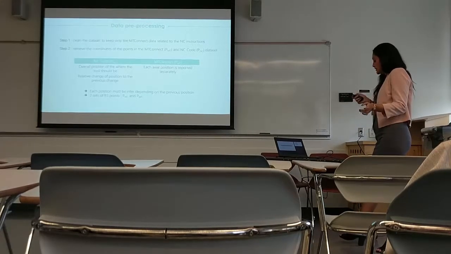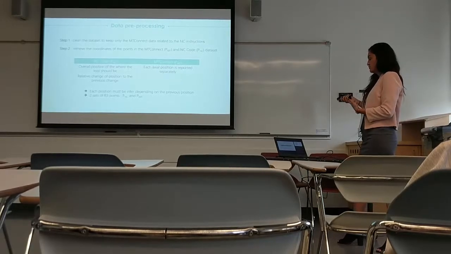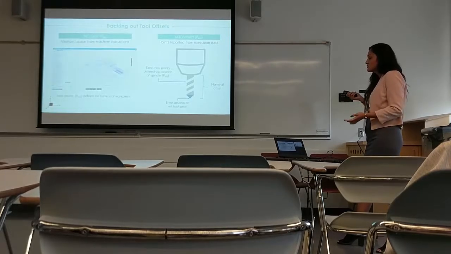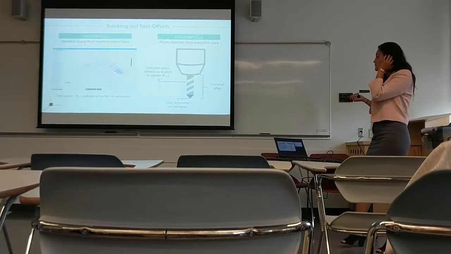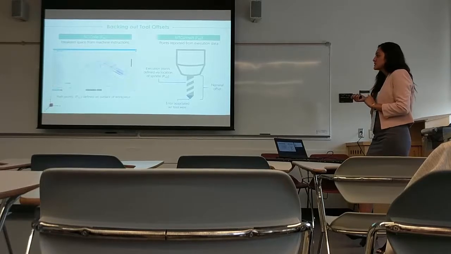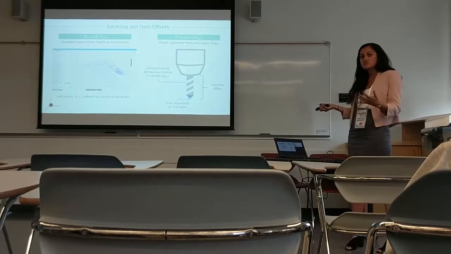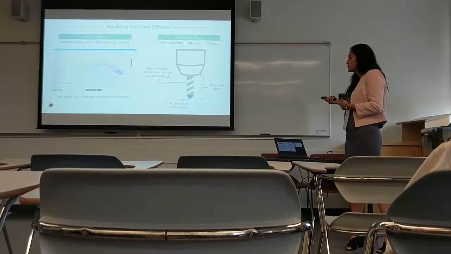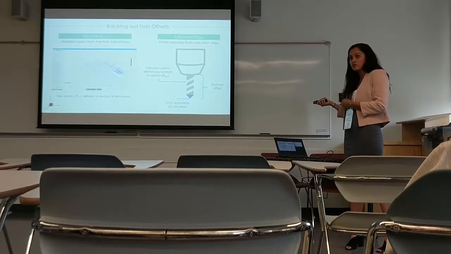So once we have those two data sets, those two sets of points, we have to back out the two offsets. So why the two offsets? Because in the NC code, it's the idealized position of the machine. So we just assume that the machine will start, for example, from this point and then do all the work.